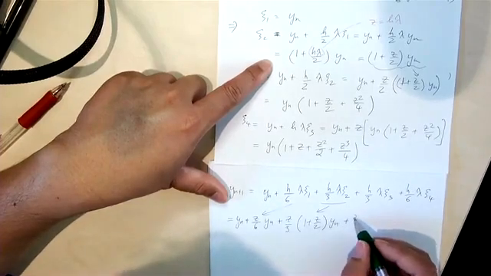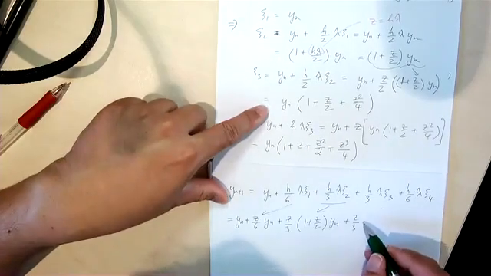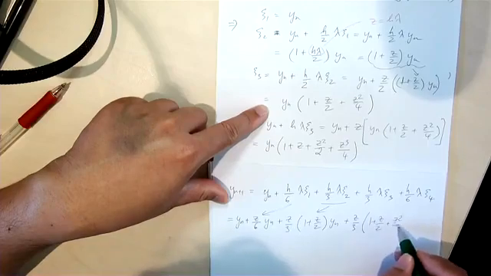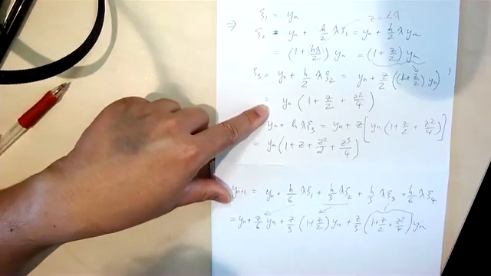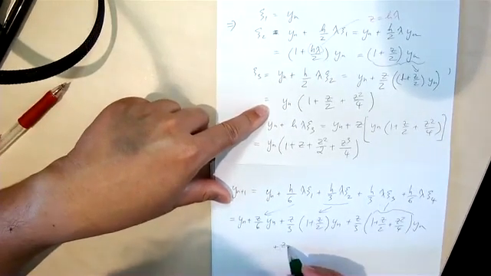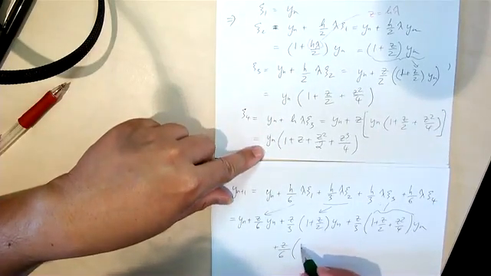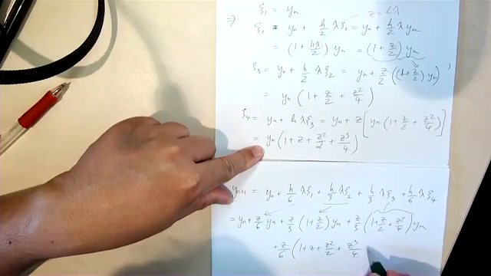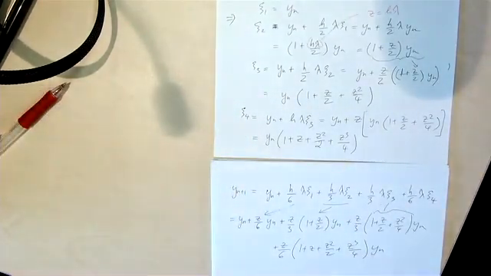And plus z over 3 my xi 3. Xi 3 will be here: 1 plus z over 2 plus z square over 4 yn. So this one is my xi 3. And then the last term will be z over 6 xi 4, which is 1 plus z square over 2 plus z cubed over 4 yn. So everything is now just yn and z.